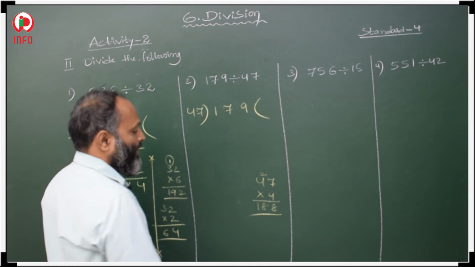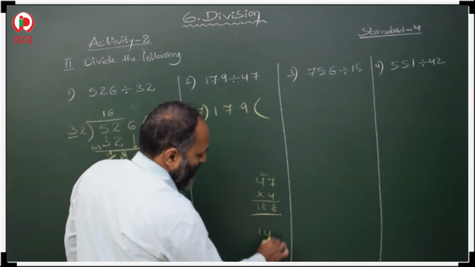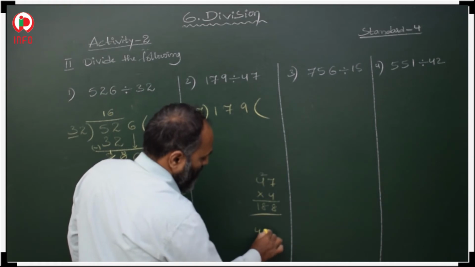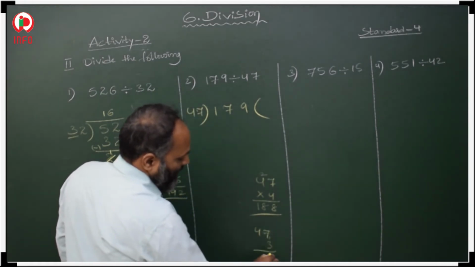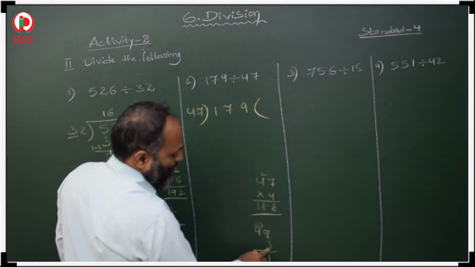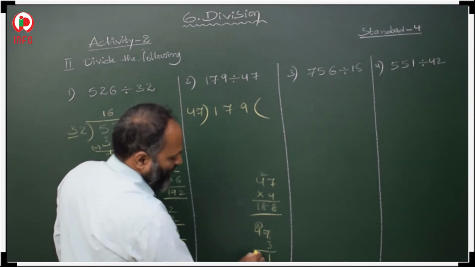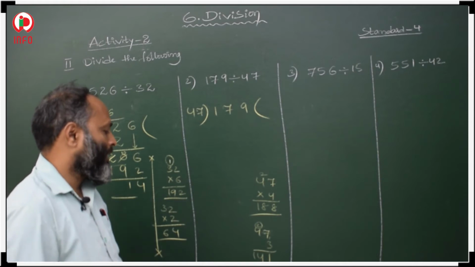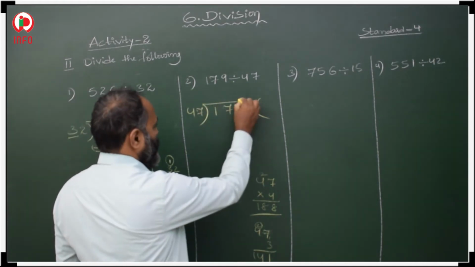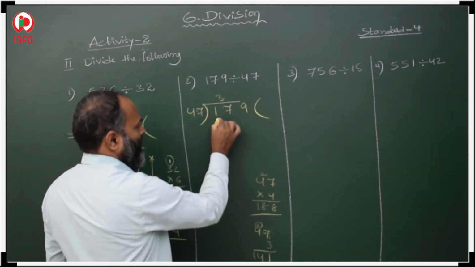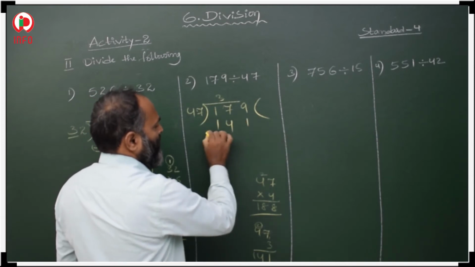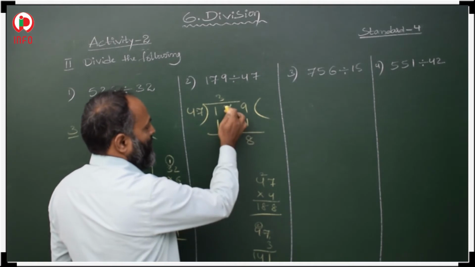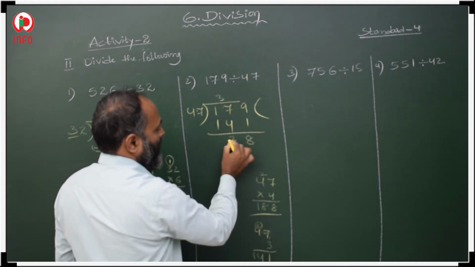So, 47 3s are, 3 7s are 21, 2, 3 4s are 12, 13, 14, 141. 47 3s are 141. Then 9 minus 1 is 8, 7 minus 4 is 3, 38.